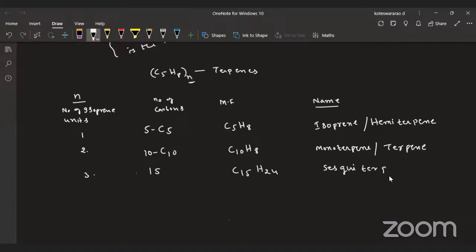Okay. Next, where n is equal to 4, the number of carbons is 20, C20, H32, diterpene.